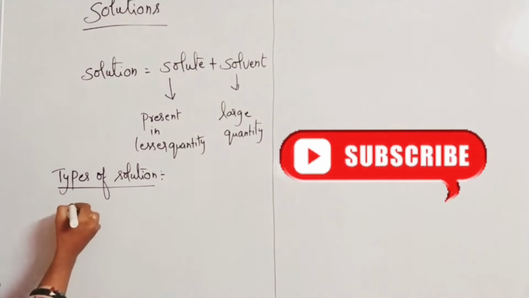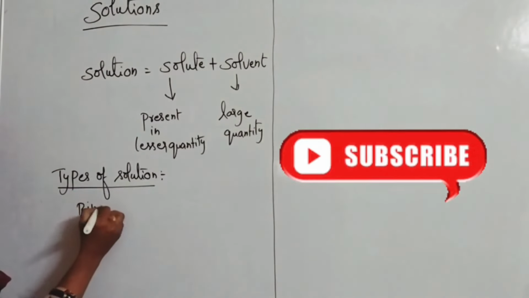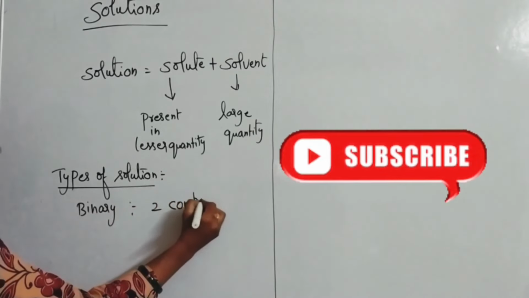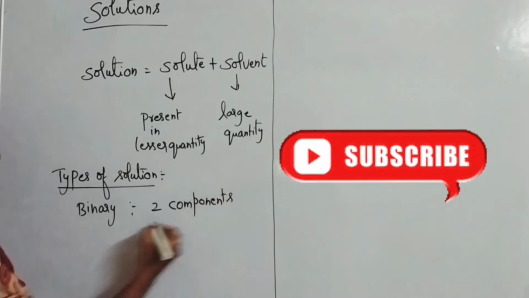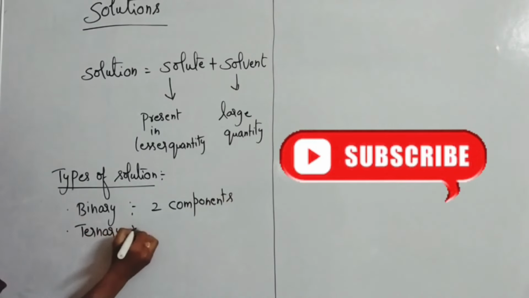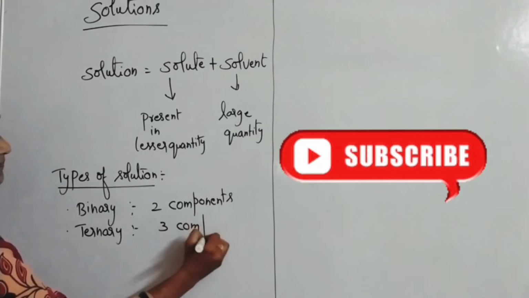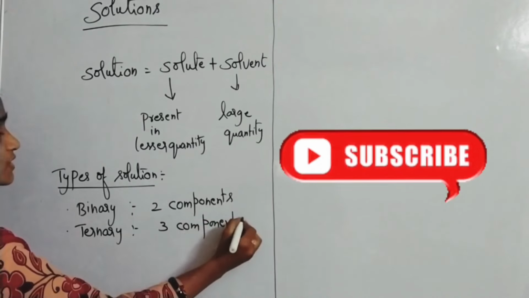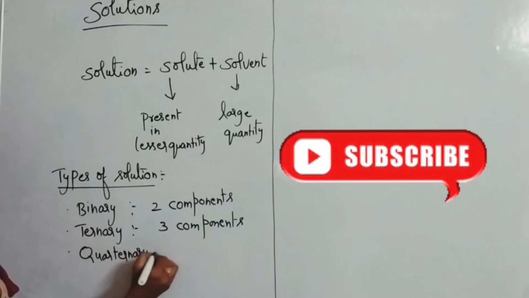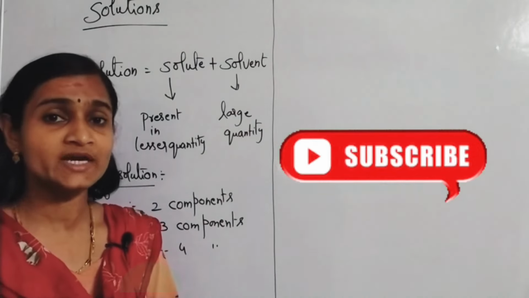Please note down: binary means 2 components, ternary solutions are solutions with 3 components, and quaternary solutions are solutions with 4 components. So you have types of solutions based on the number of components present.